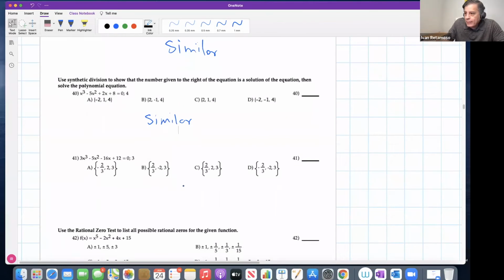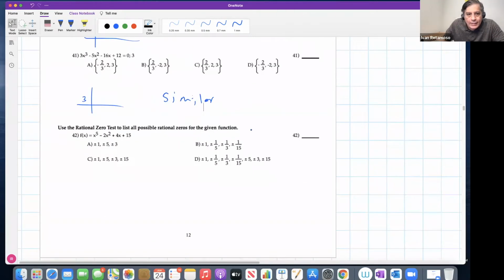Similar. 41. Also similar. You start with 3 in the corner, and maybe I should write this as a hint right here. Start with 4 in your corner here, start with 3 in your corner here, and then factor, and we will find all the solutions. Great.